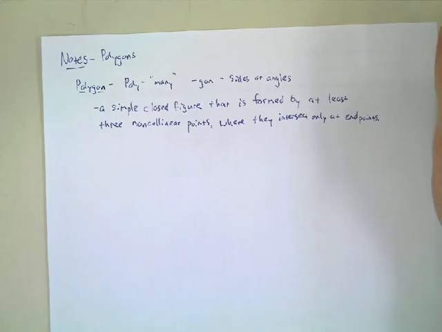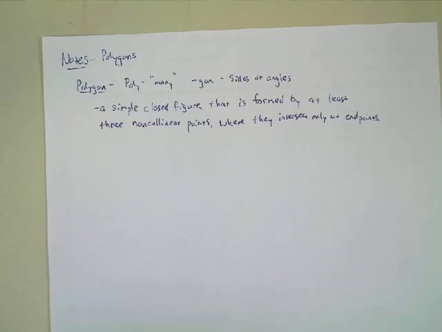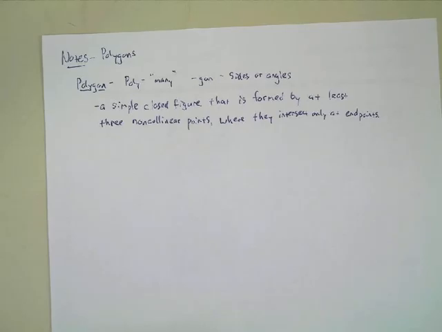A simple closed figure that is formed by at least 3 non-collinear points and where things only intersect at endpoints. So sides don't cross one another. Okay, sides don't cross one another.